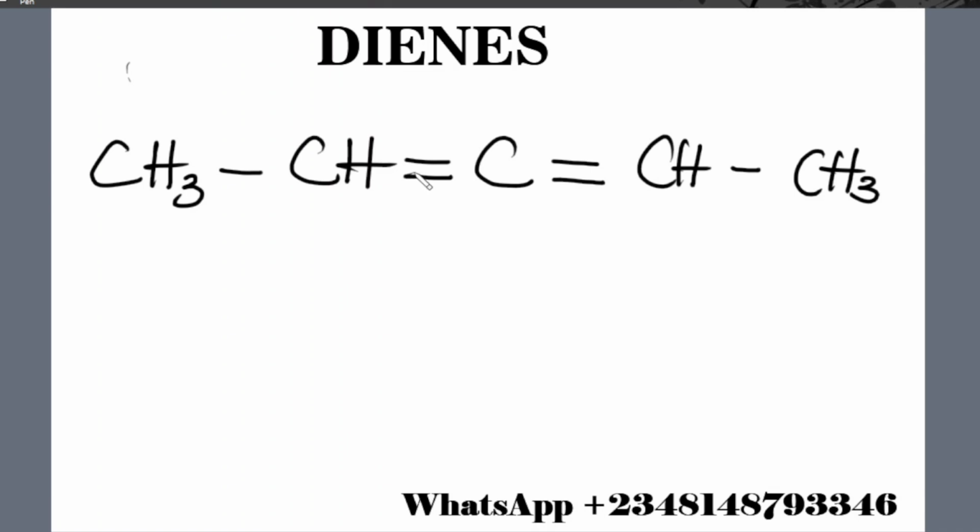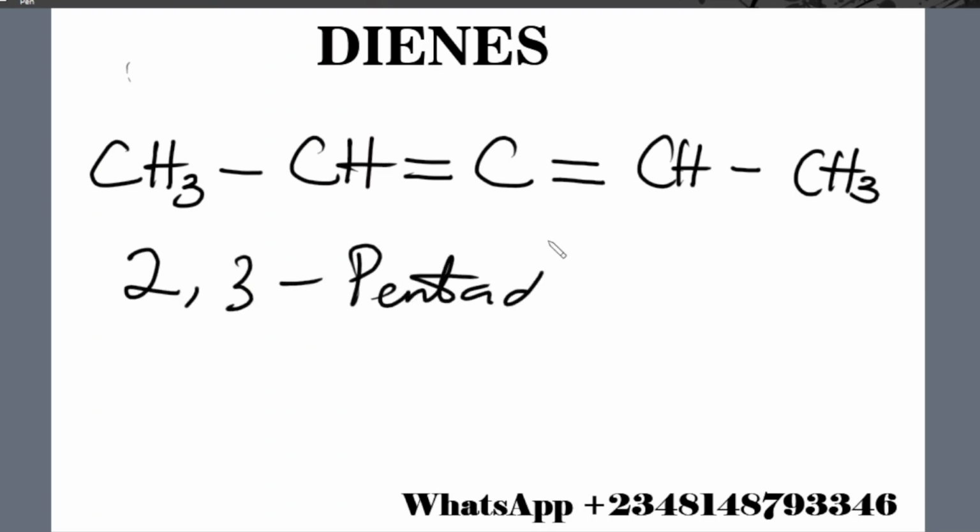Therefore, it is a cumulative diene. Assuming there were a single bond in between, it wouldn't be a cumulative diene. The name of this compound is 2,3-pentadiene.